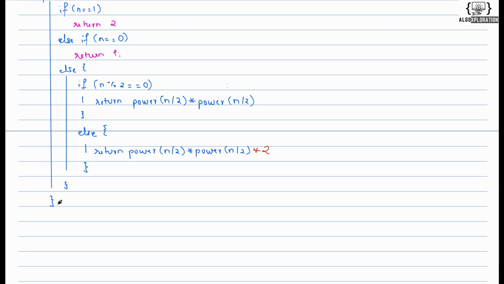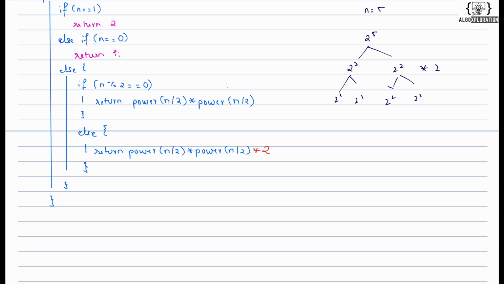But here we can see that, let's say if my value of n is 5, 2 to the power 5, then this is getting divided into 2 to the power 2 and then 2 to the power 2, right? Again after that we need to multiply it, so 2 to the power 1 appears repeatedly.